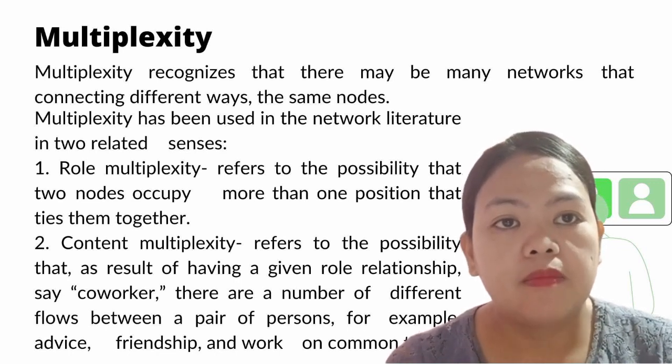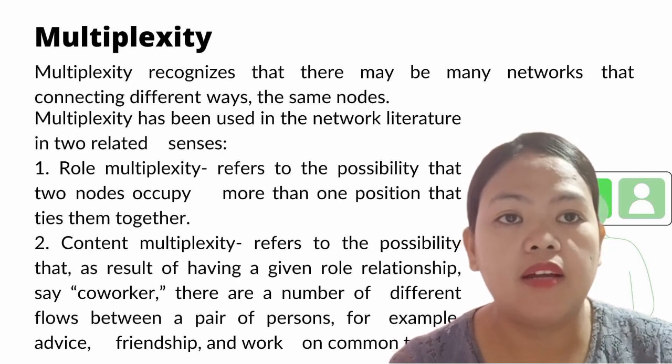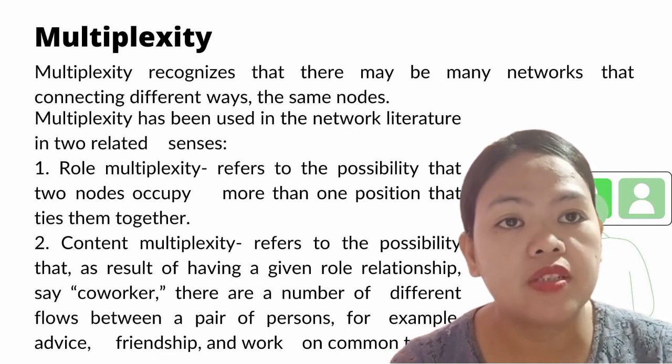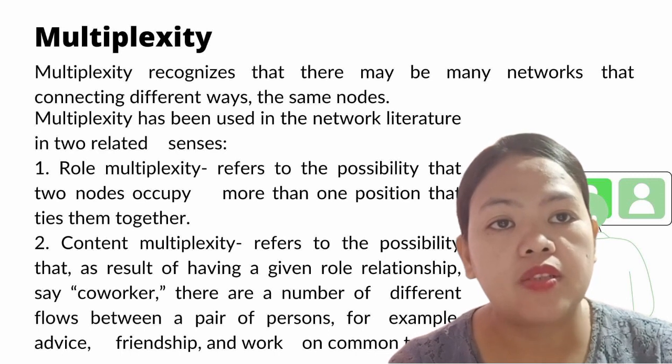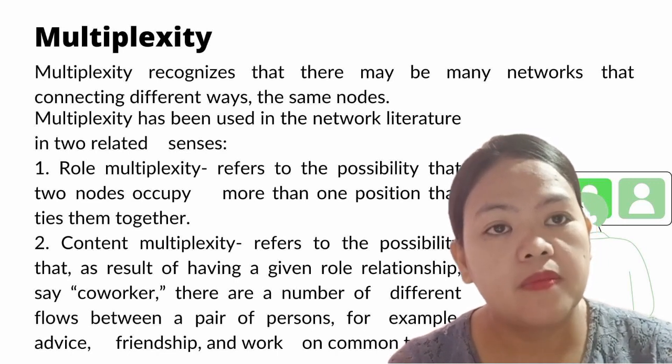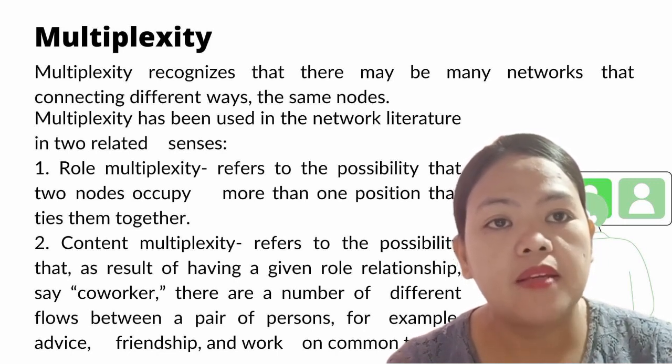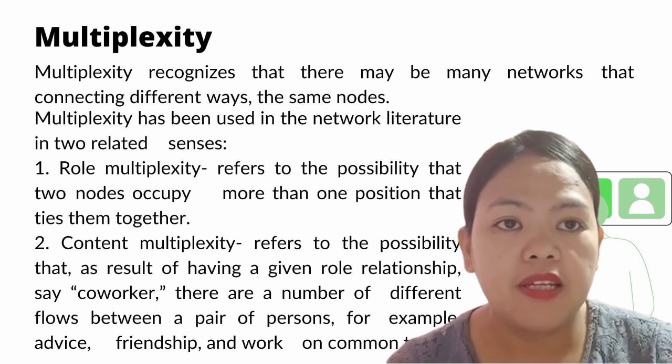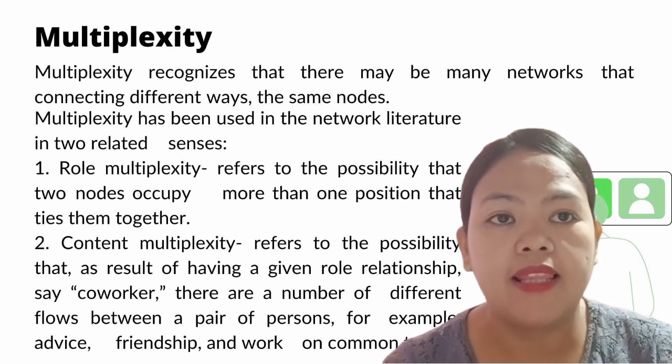Multiplexity means multiple connections, or having more than one type of relationship or social connection between two actors. For example, an employee may have a friendship relationship with colleagues, and at the same time their companies may also have some form of alliances.